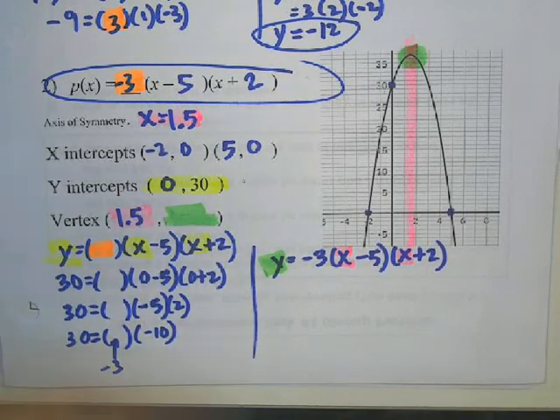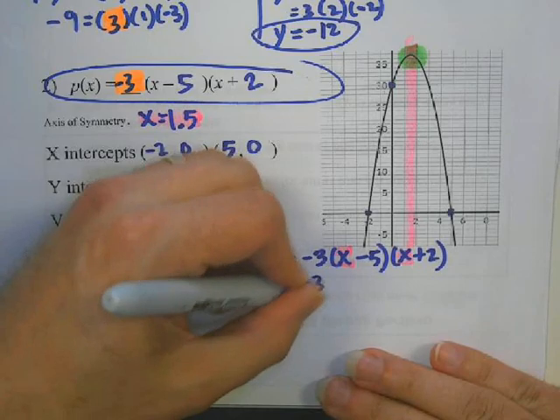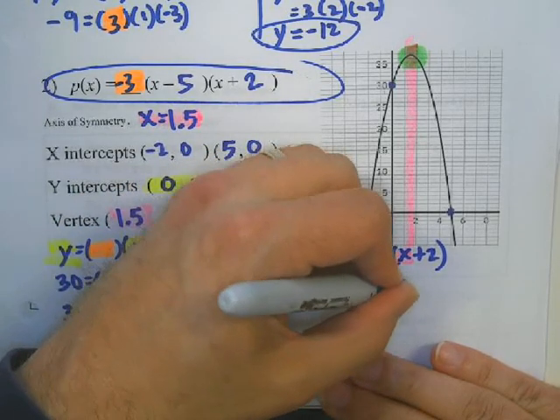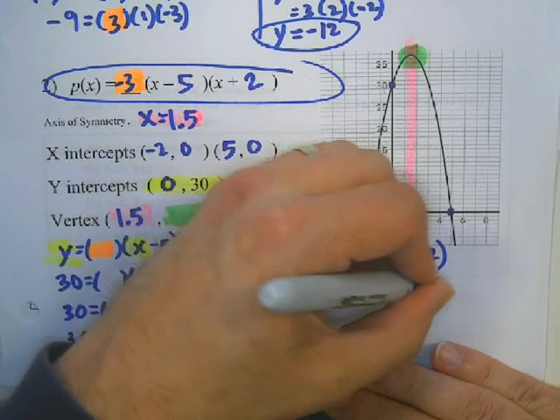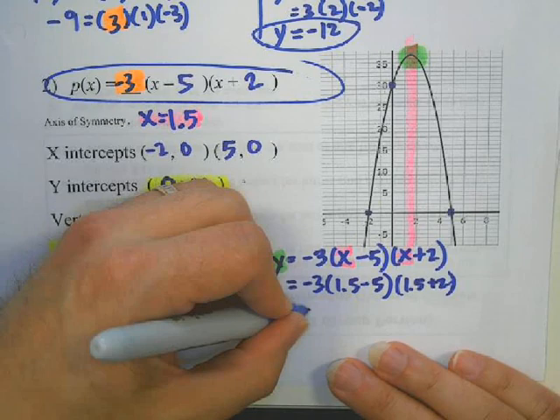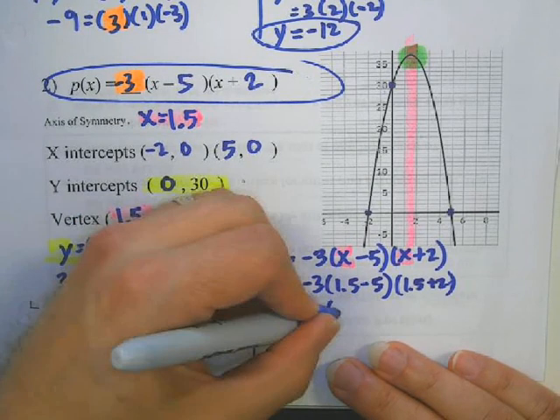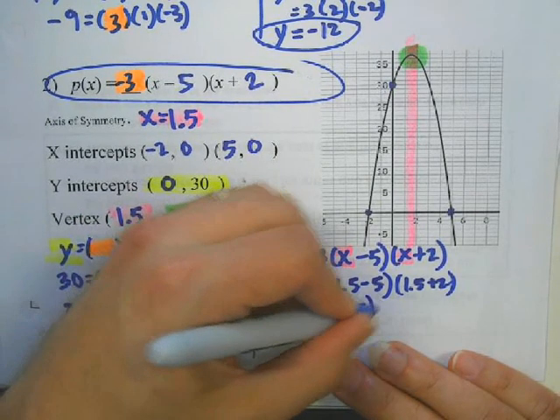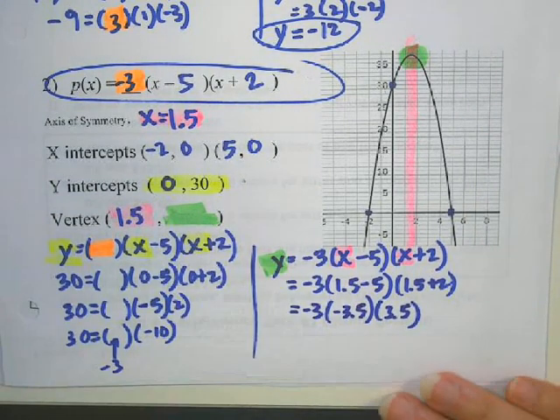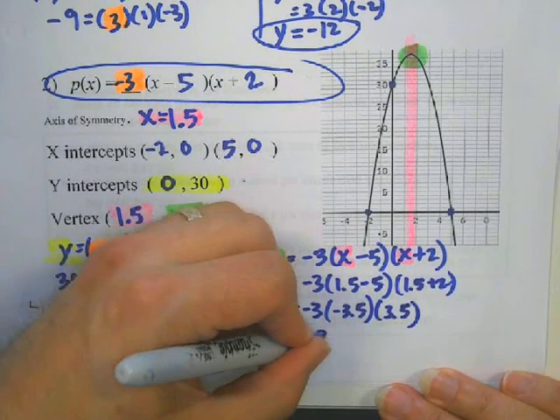So I'm going to get negative 3 times 1.5 minus 5 times 1.5 plus 2. And so then I get negative 3 times negative 3.5 times 3.5. And if I multiply all those together, I'm going to get 36.75 up there.